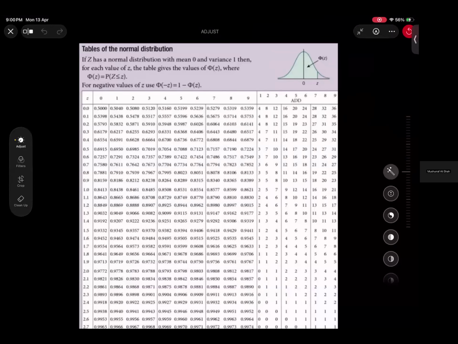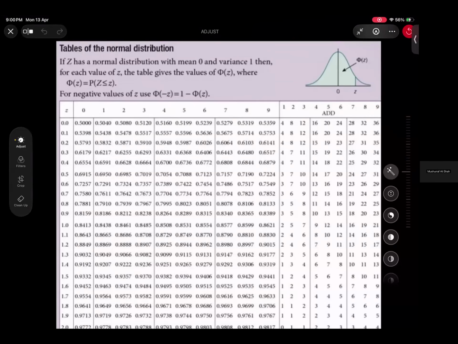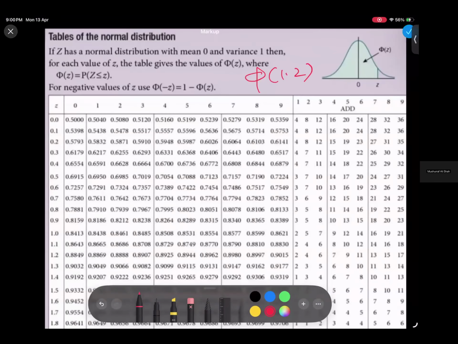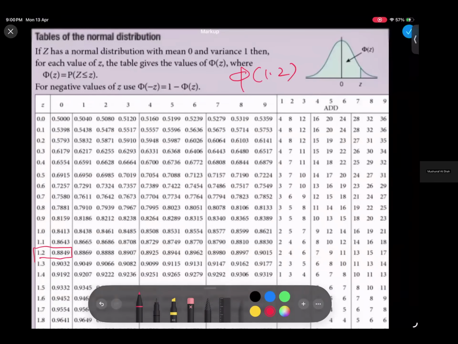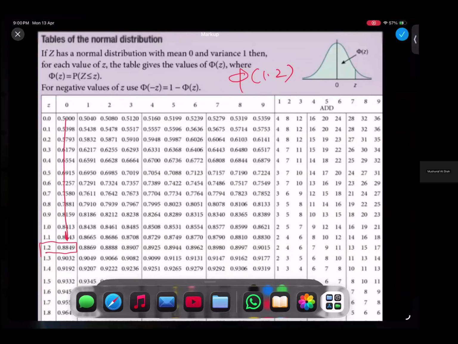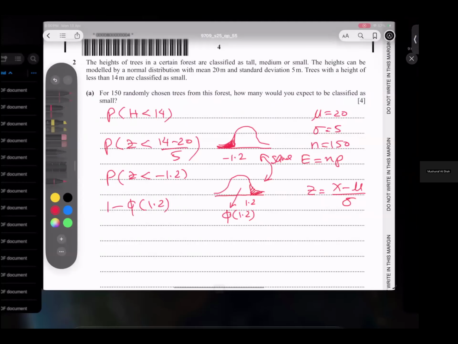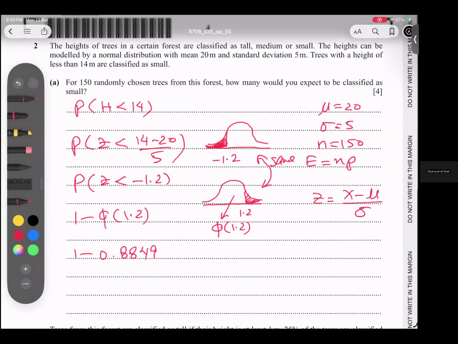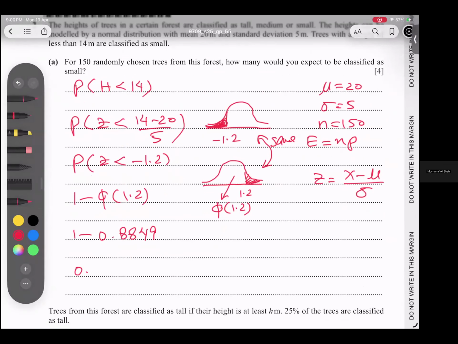So phi of 1.2, we're looking for the number at 1.20, which is 0.8849. If I subtract 0.8849 from 1, we get 0.1151. I think this part is clear.